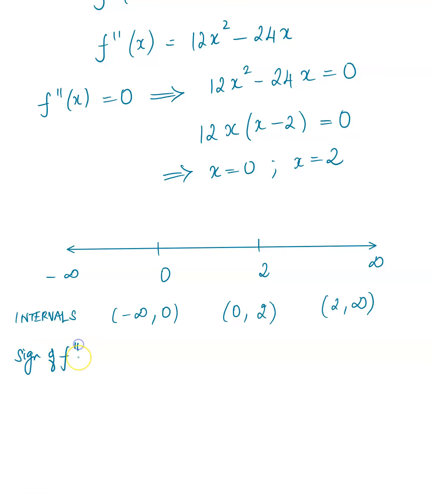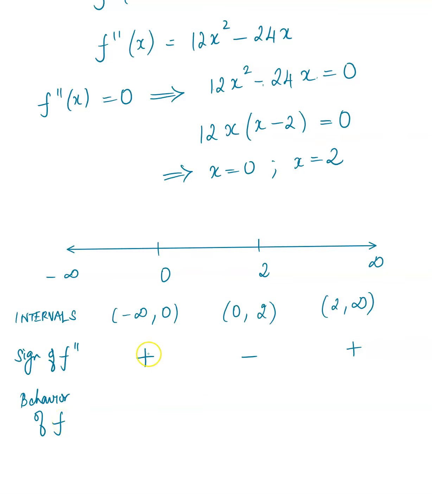Sign of f double prime. Choose a test point and plug it in this 12x squared minus 24x expression. So if it's negative 1, it's 12 times negative 1 the whole squared minus 24 times negative 1. That's going to be positive, negative, and positive. When you do the test points, and then you have the behavior of f.